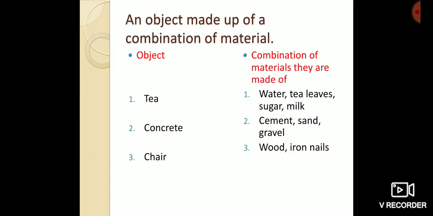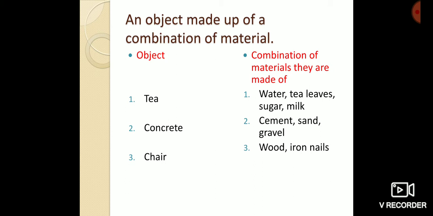Okay. Now the fourth one is an object which is made of a combination of materials. For example, tea is an object that is made by combining four materials such as water, tea leaves, sugar and milk. The second one is concrete, which is made of cement, sand and gravel.